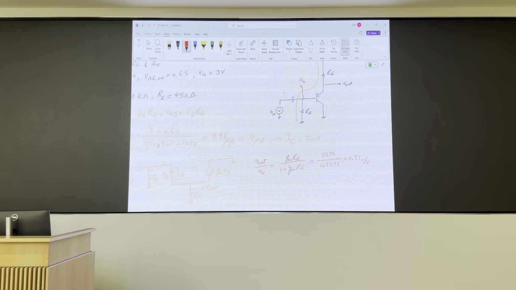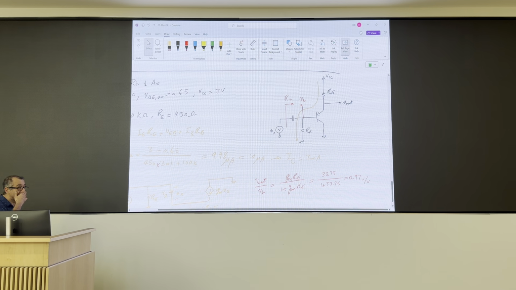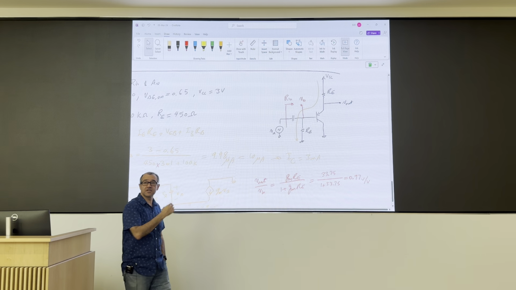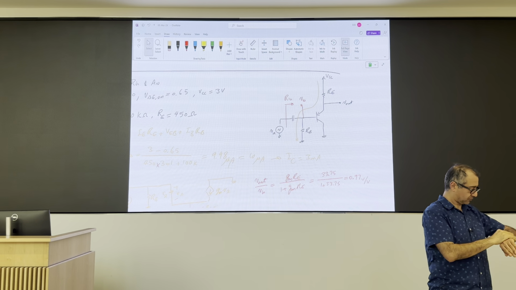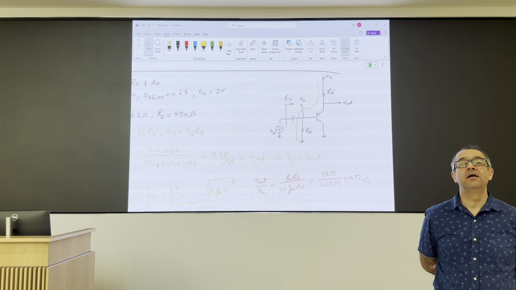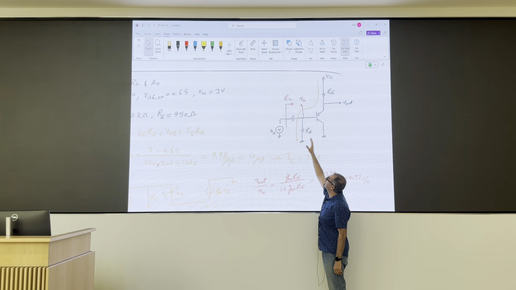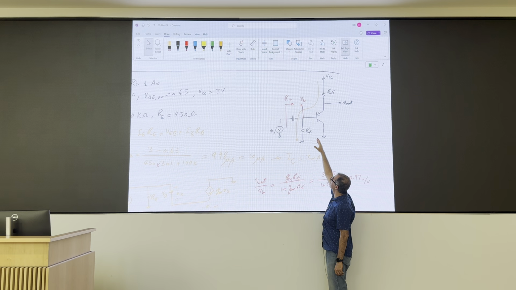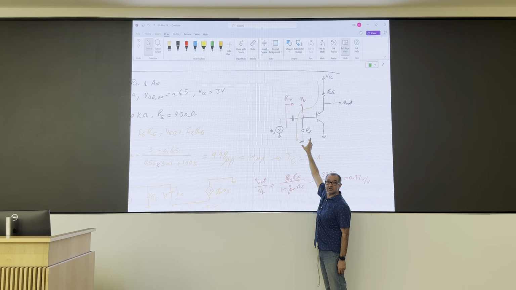What about the input resistance? What is the input resistance of this circuit if I want to use the formulas? Is the RB in parallel with r pi and RE? I don't know from here, but I know it from here. From here onwards, it's r pi times 1 plus gmRE, right? Before that, I just have one resistor to ground.